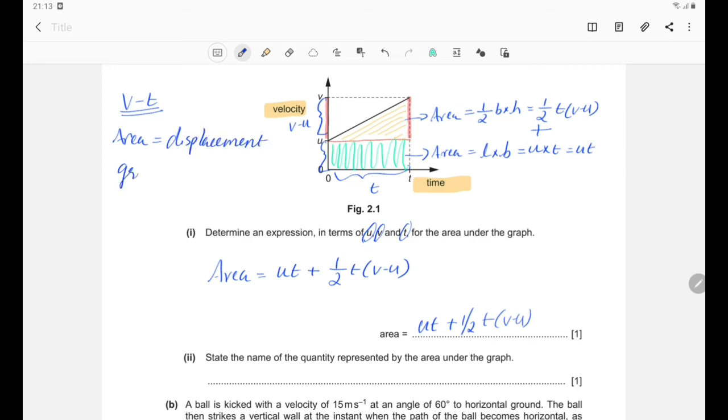Likewise, the gradient of velocity time graph will give you always acceleration. This is very important. So now you have calculated area. So which quantity represented by area? As we have already seen, area represents displacement of the object. So you can write down displacement.